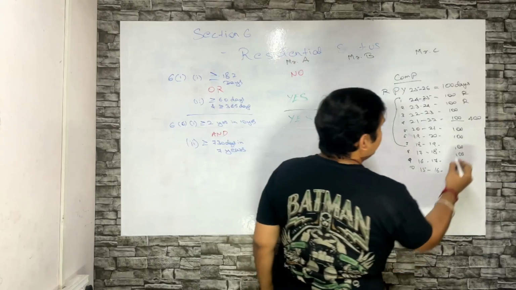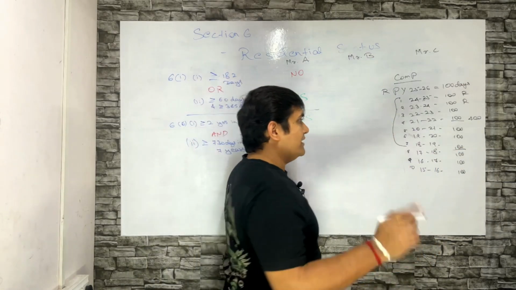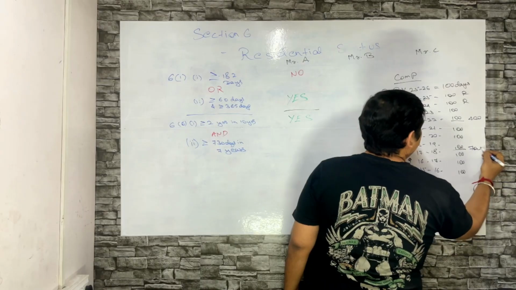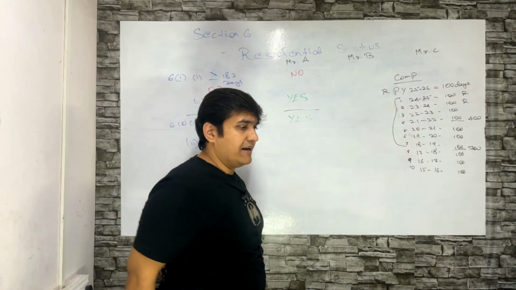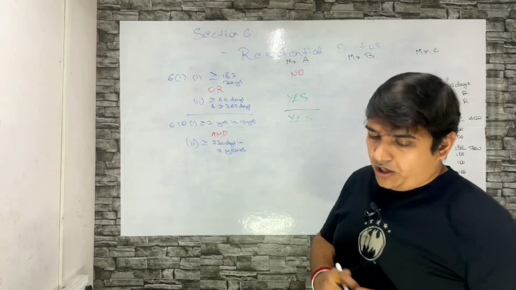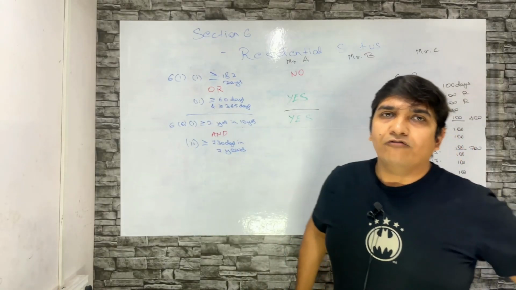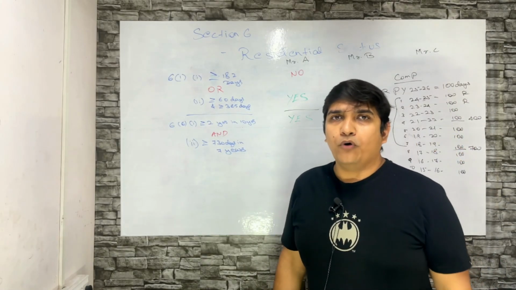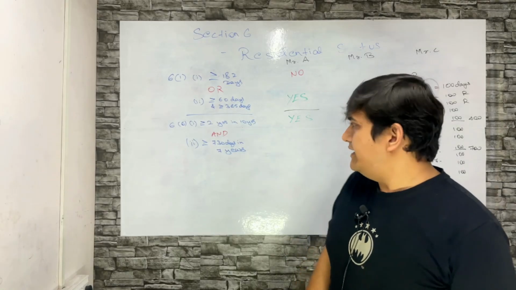In these 7 years, how many days has Mr. A stayed in India? 700 days. So if he has stayed for 700 days, is the second condition satisfied? No, it is not. Why is it not? Because the second condition says he should stay in India for equal or more than 730 days in the 7 years.